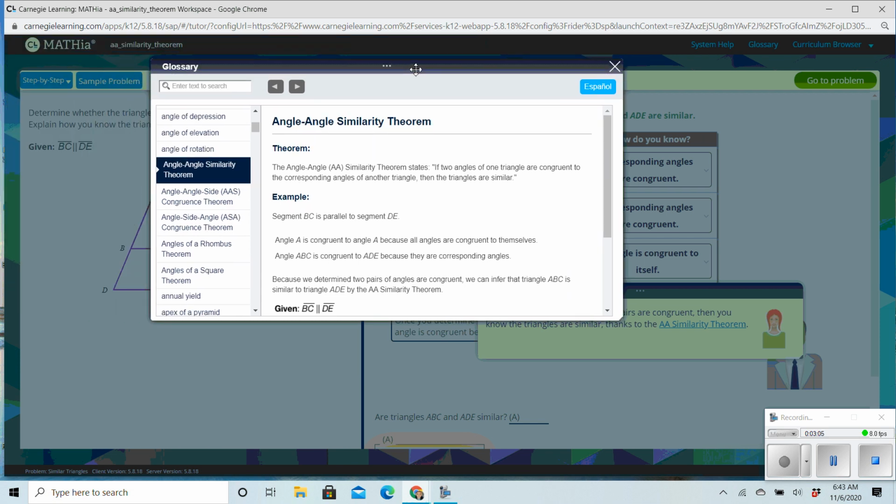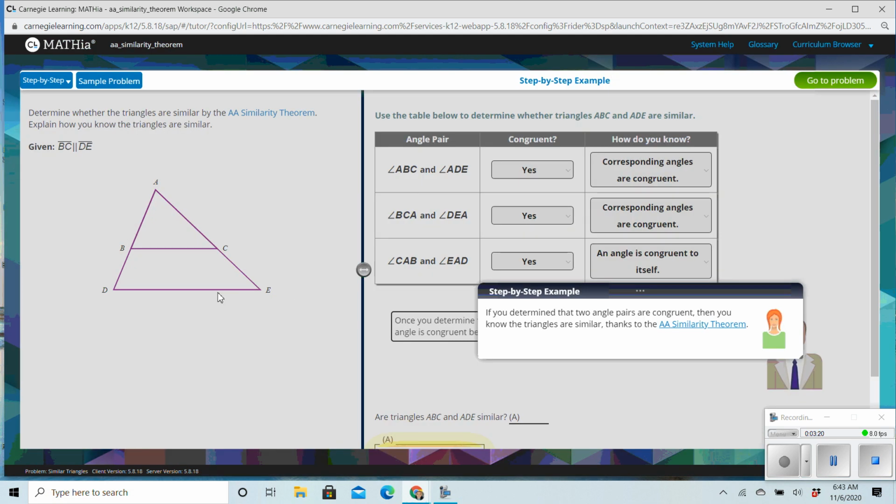We know that the three angles of a triangle add up to 180. So if we know that there are two angles that are the same in each triangle, then they are going to be similar. And that proves it right here, right? We did ABC and ADE, and those two, B and D, are technically corresponding.